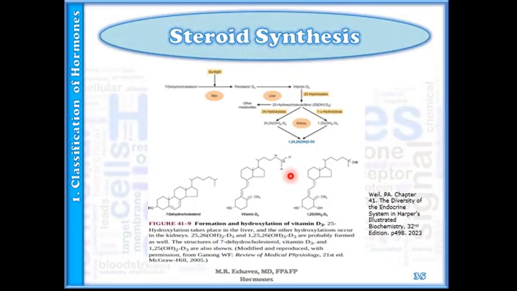Two enzymes are involved: your NADPH-dependent cytochrome P450 reductase and a cytochrome P450. This reaction is not regulated. It also occurs with low efficiency in your kidney and your intestine.